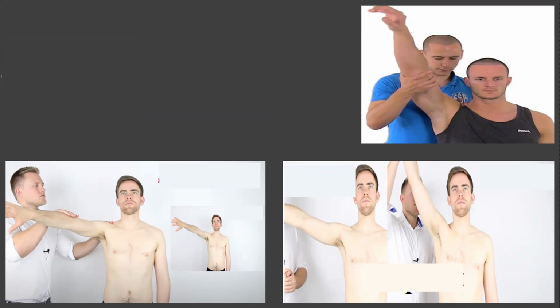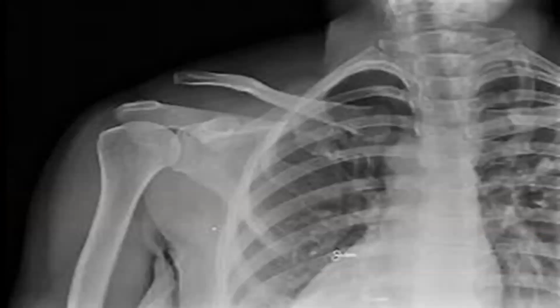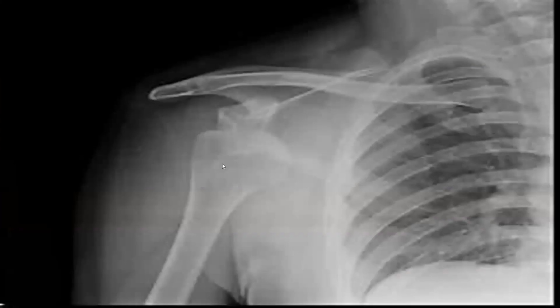So if he says, don't touch me, it's not because of the pain, it's because of a mechanical problem, the fracture or dislocation. No pain at the moment, but once you move the shoulder, it will cause pain. Did you get my point?